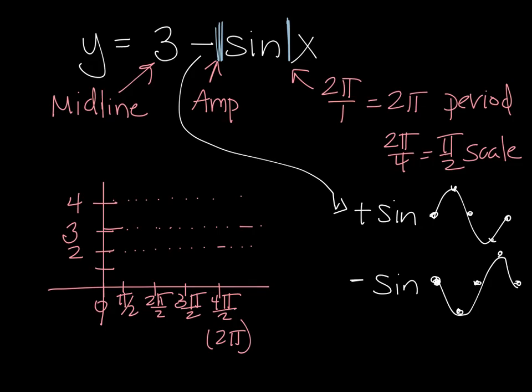So our midline was 3, so our middle is at 3. And since it's negative sine, it'll go to the bottom. And then it'll come back to the middle for the 3rd place. And at the 4th place, it'll go up to the top finally. And at the 5th tick mark, it'll be back at the middle. So middle, bottom, middle, top, middle. That's negative sine. If it kept going, it would keep going. It's periodic, so it repeats for infinity.